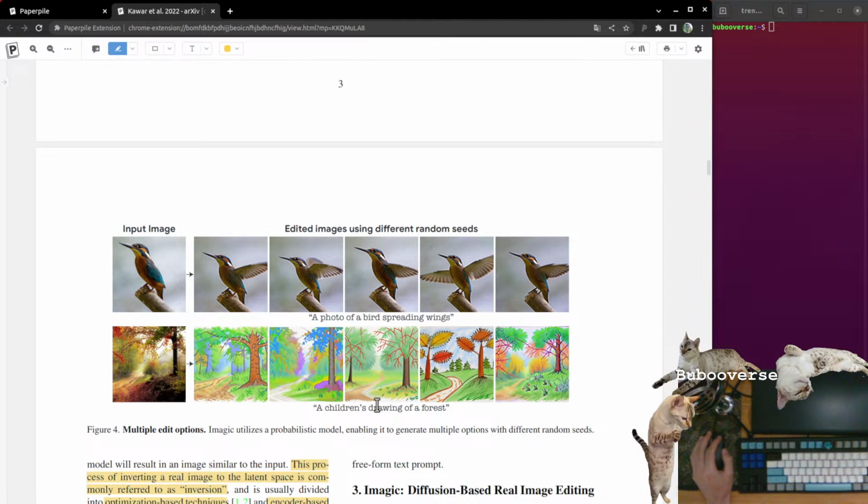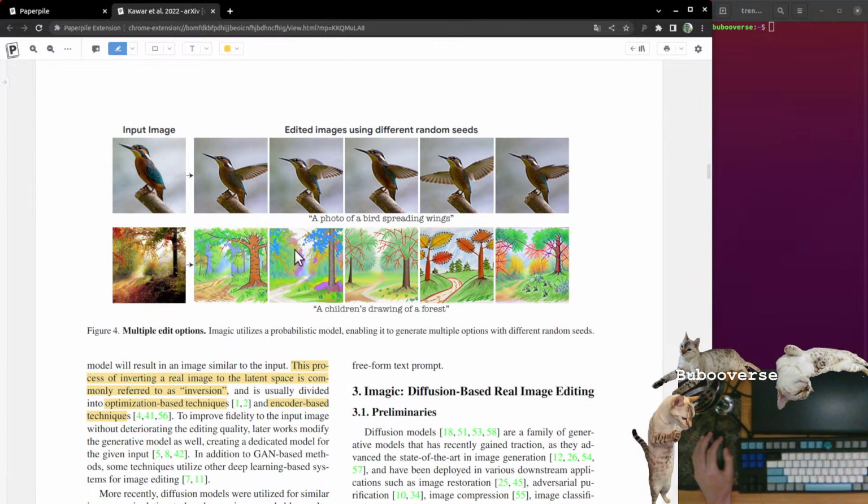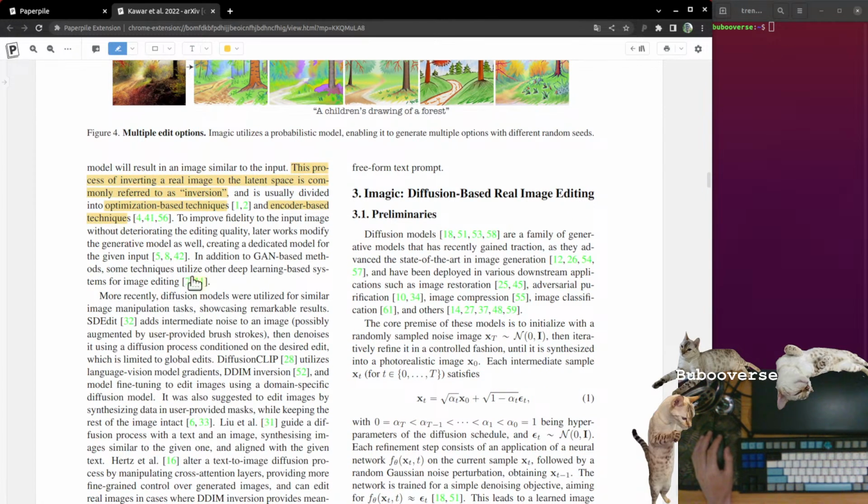Different random seeds of the same thing. Yeah, so these diffusion models, a lot of what they're doing is learning this noise function.